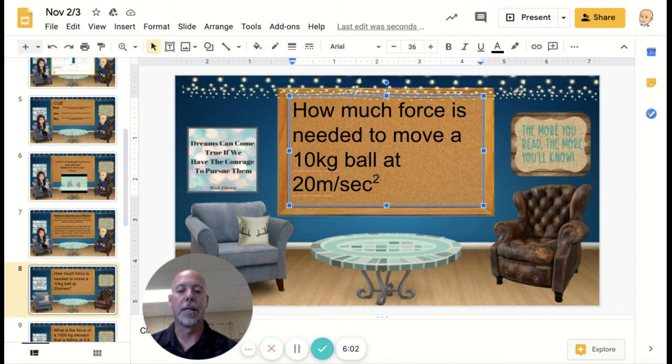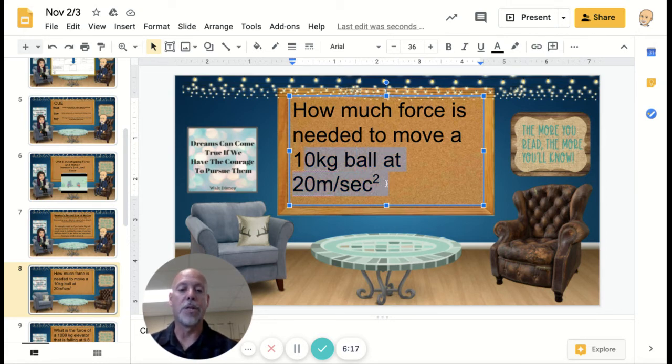Remember, force equals m times a. So the mass is 10 kilograms, acceleration is 20 meters per second squared. So if you said 200 newtons, you would be correct.